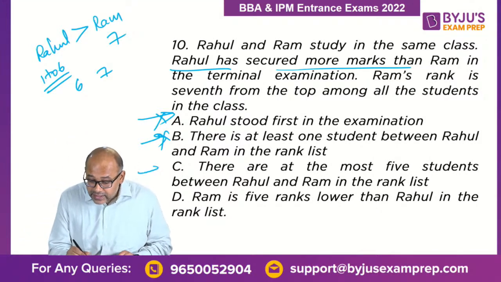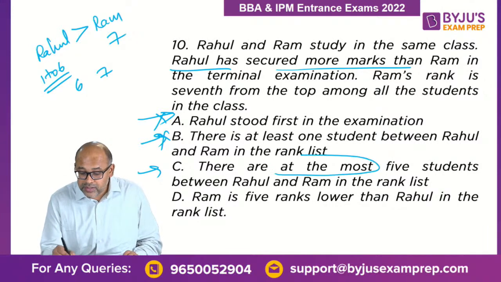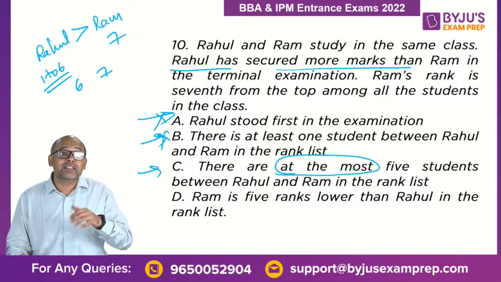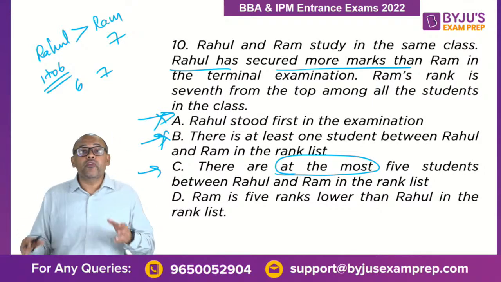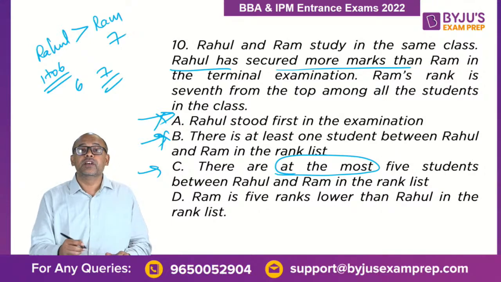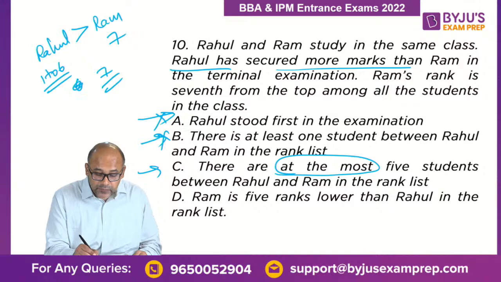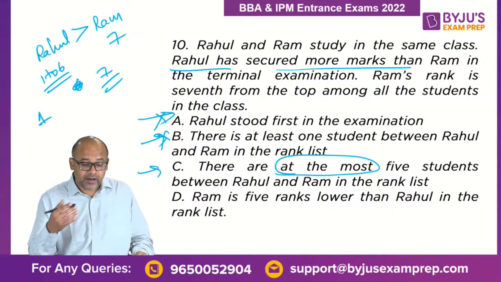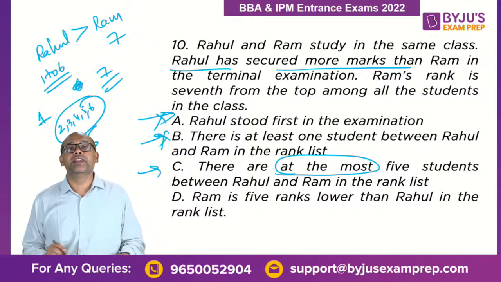Then, if you look at C, there are at the most. So, here you are not saying exactly 5. They are saying maximum 5 students can be between Rahul and Ram. Now, if you want maximum students between them, then Ram is anyway fixed. Push Rahul to the extreme end. So, if Rahul is 1 and Ram is 7, there will be 2, 3, 4, 5 and 6. 5 students between them.